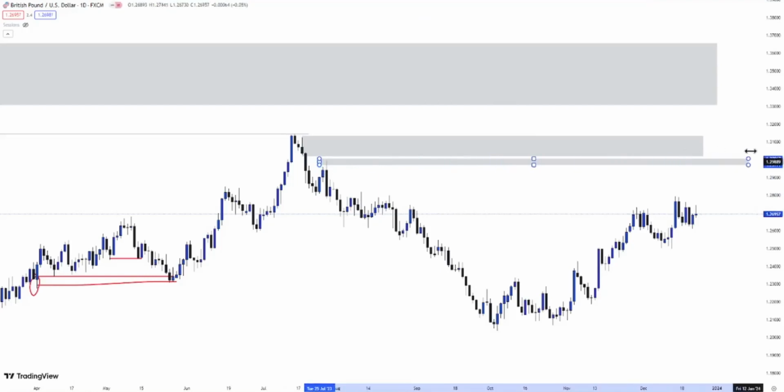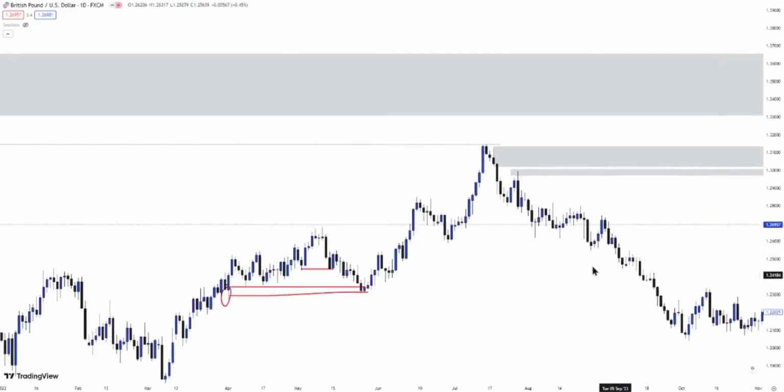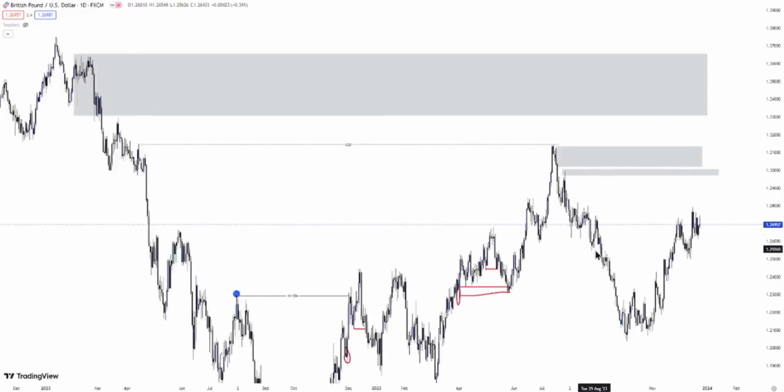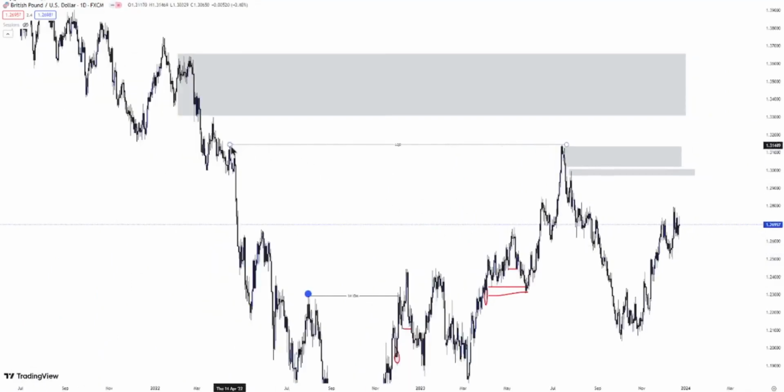Why? Because look at what is happening here. Look at this high, and this high, and this high. What do you call that? That's equal highs, guys. And whenever you find equal highs, liquidity is sitting on top. So that liquidity has to be taken out.